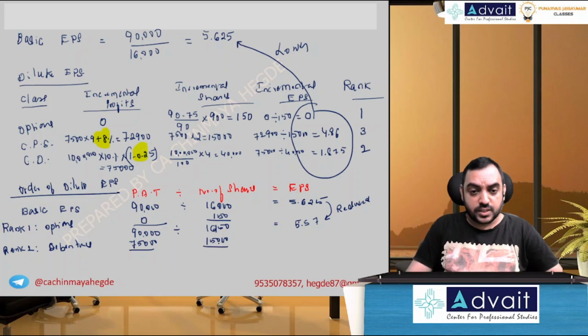So 90,000 plus 75,000 is 1,65,000, divided by 56,150. So 1,65,000 by 56,150, you get 2.94. Again, it has reduced.